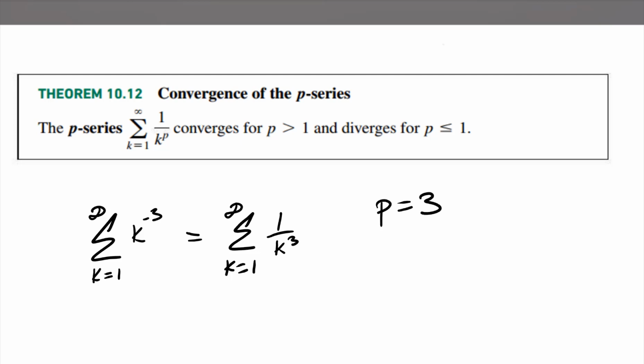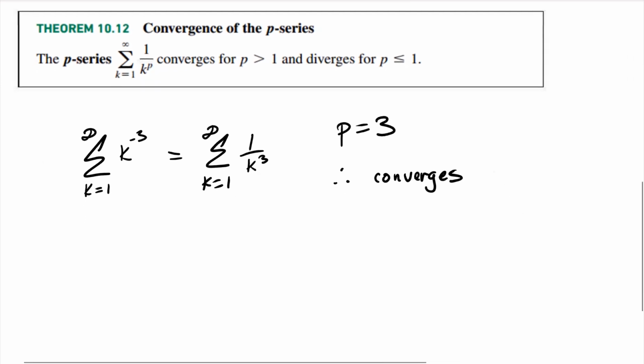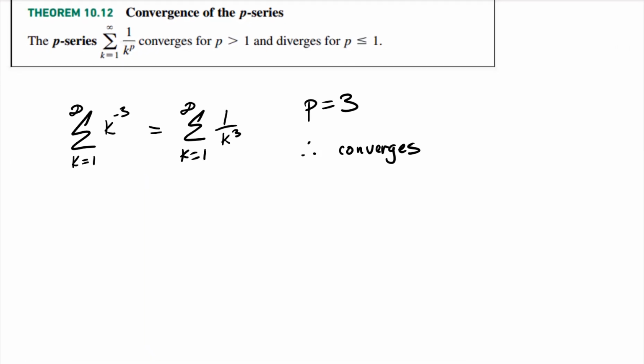Oh, so p is equal to 3. Is 3 larger than 1? Yeah, therefore it converges. There's nothing to it. It's one of those you can just look at it and be like, sweet, converges. Nope, diverges. This is a great little thing. I remember actually liking once getting to this point. You're like, finally, something I can just look at.